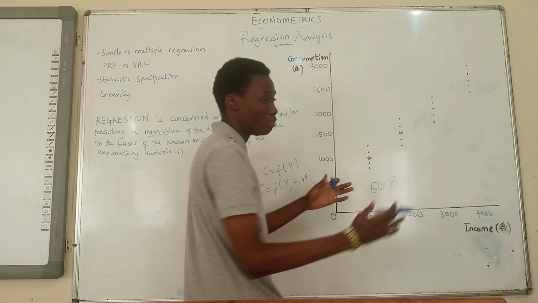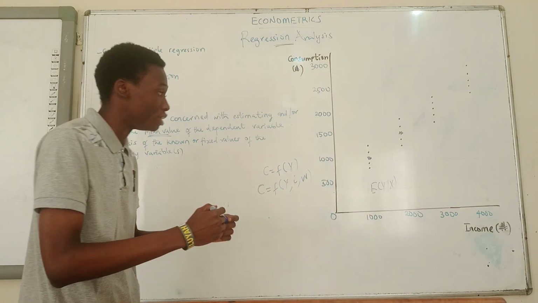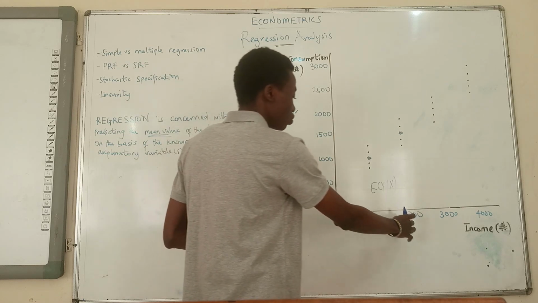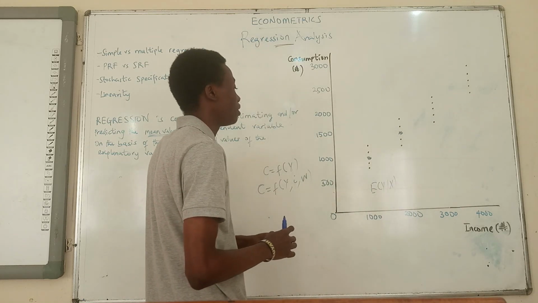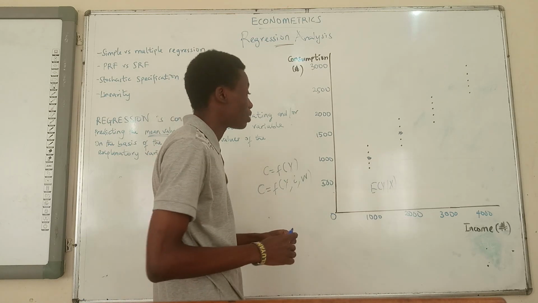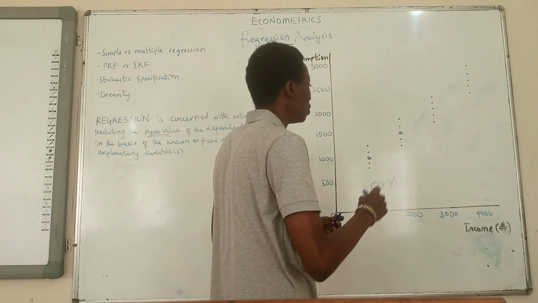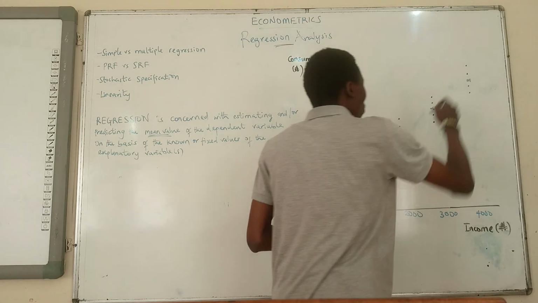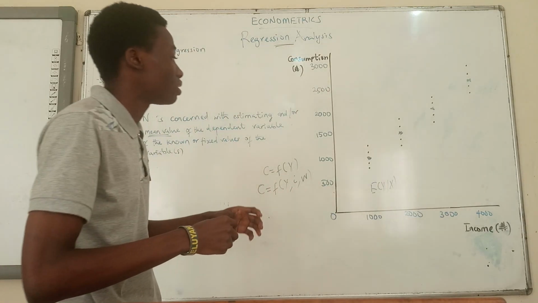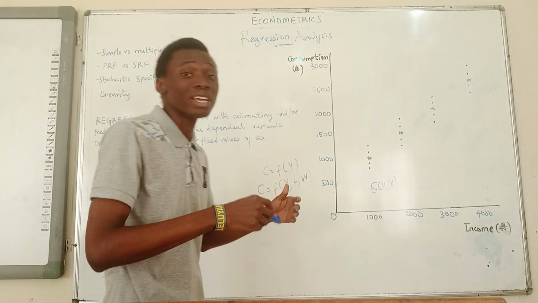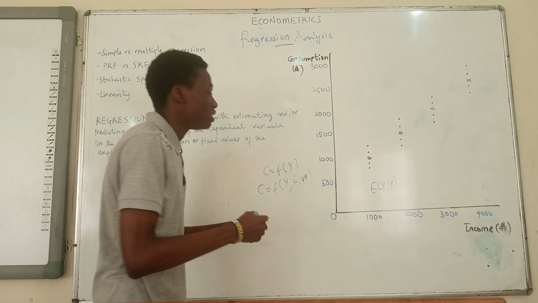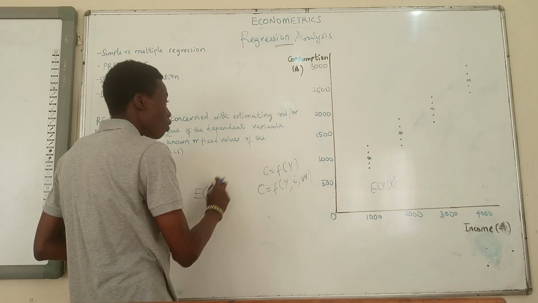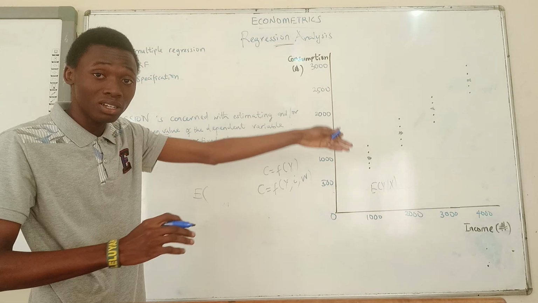Some earn above, some earn below. If you take the arithmetic average, you'll find it somewhere here. So on average, the family earning 2,000 naira is spending 1,500 on consumption, and so on. All these values can be called the conditional expected values. It is the expected value of consumption given income.